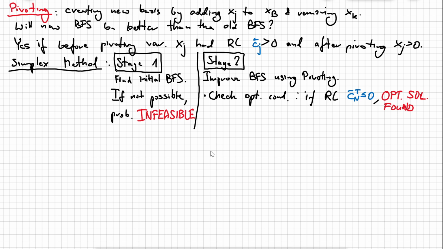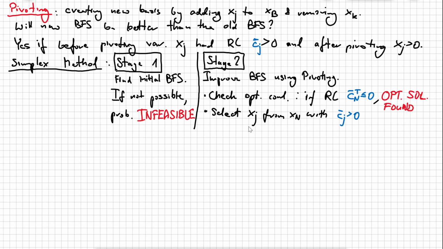Otherwise, there must be at least one variable with a positive reduced cost. So if this is not satisfied, then we select xj from xn with a reduced cost greater than 0. As we said earlier, this will improve the basic feasible solution.